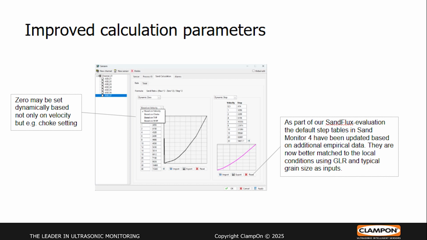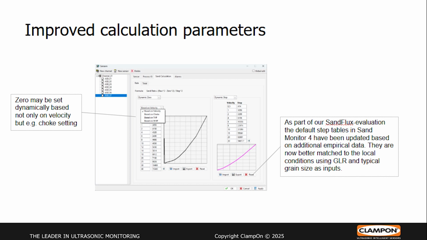We've also had a look at all the default step values that we've been using. Of course, they've always been based on a lot of field data, but now we have gathered a lot more, and we also have seen how we can better describe things with a few extra inputs.